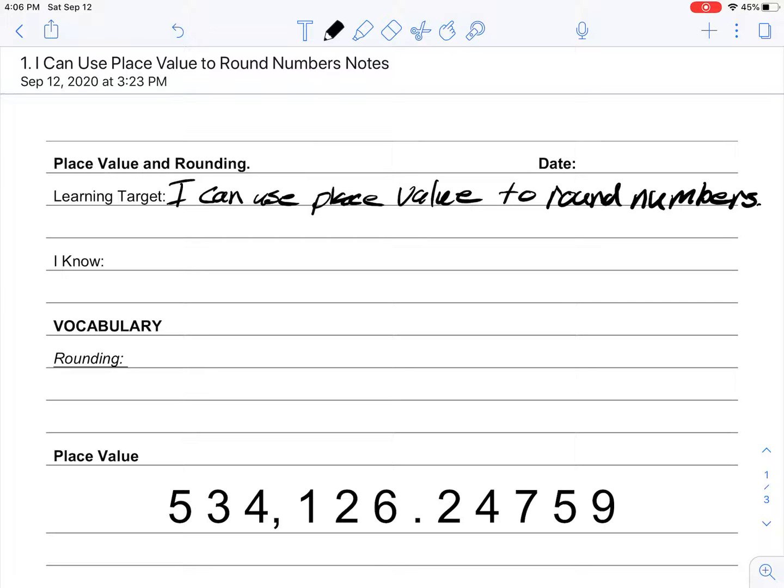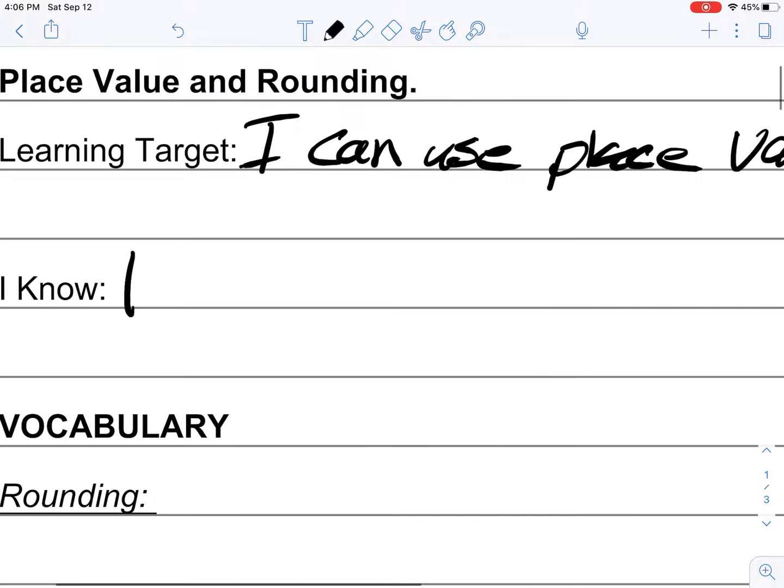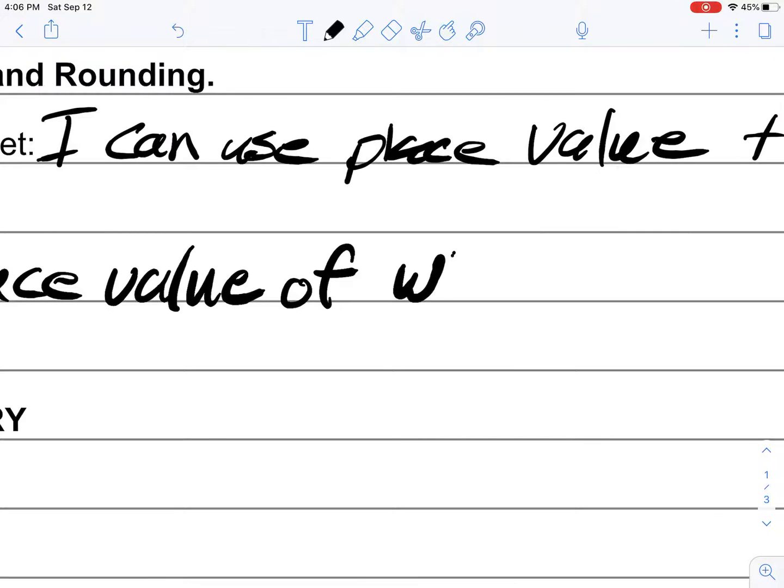Okay? Second thing is you're going to write your I know. This comes from what you already know about the number. Okay? This could be a lot of different things. Maybe you say, I know how to round a number to the nearest 10. Or you say, I know place value of whole numbers.